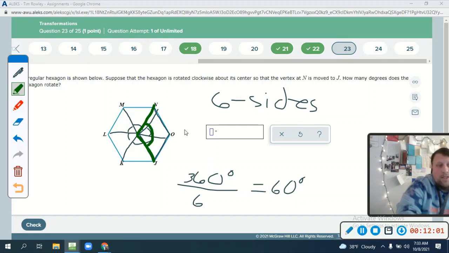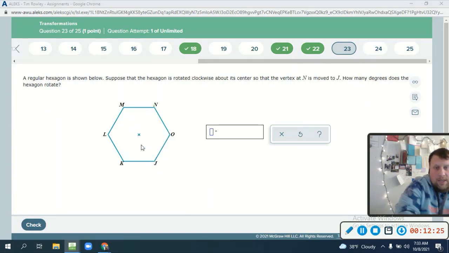So what's 2 times 60? 2 times 60 equals 120. So that means it needs to go through a 120 degree rotation in order to take the vertex N and line it up on the vertex J. So let's take a look at this. 120 is what we said. Let's try it out. Check answer.